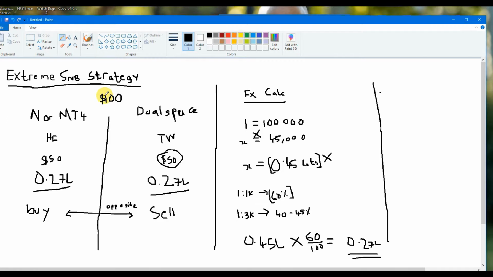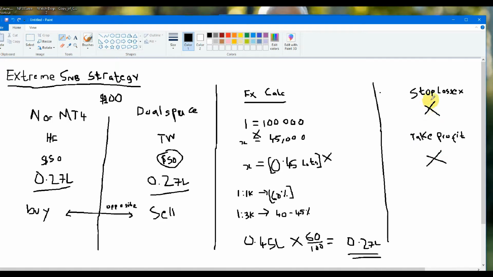Okay, so this is how we are going to carry out the easy SNB strategy. So in the normal MT4, while there's Hotforex, we're going to be buying, and while there's Traders Way, we're going to be selling. So for this one, what we do is we don't use any stop losses or take profits.